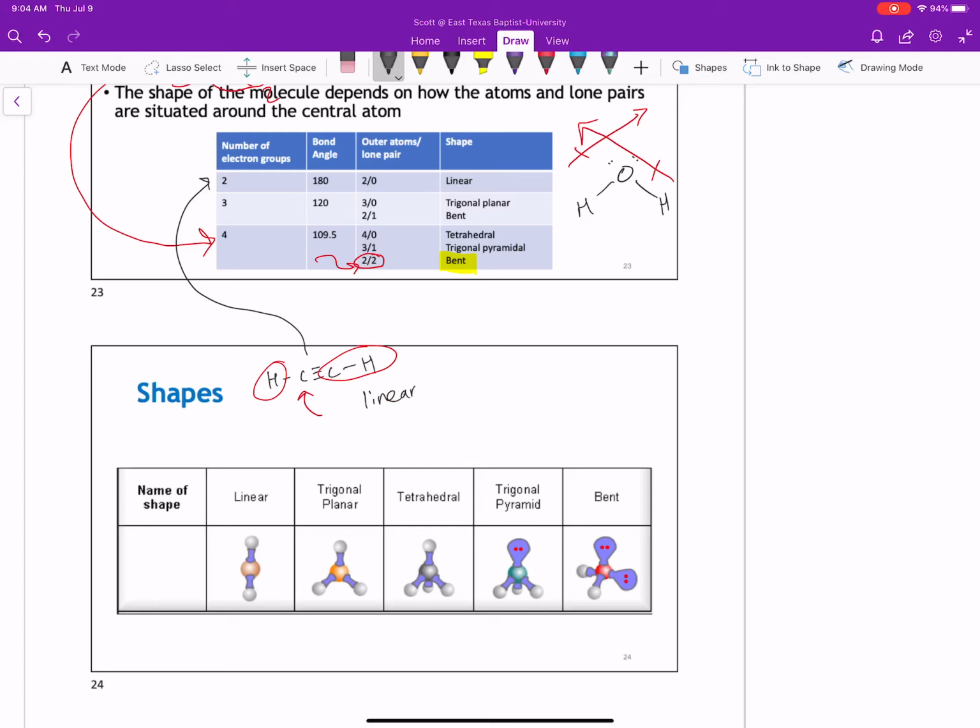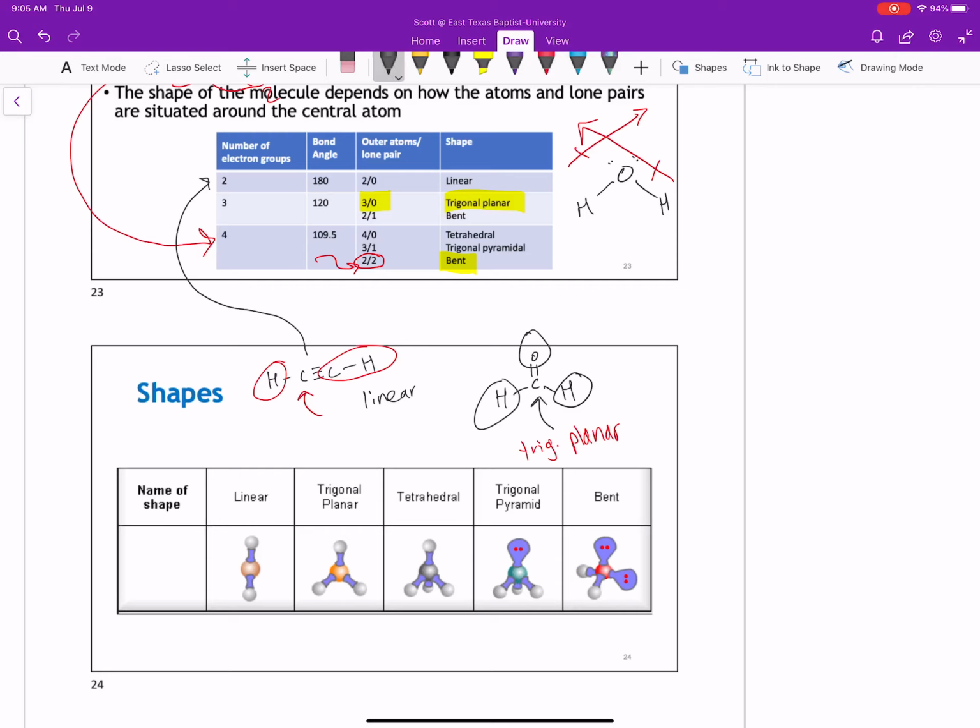If I were to draw this one, a molecule known as formaldehyde, notice that this C is my central atom, and it has three groupings around it, no lone pairs. Three groupings, no lone pairs, gives me this one right there, so that's trigonal planar. Let's see, what's another example?